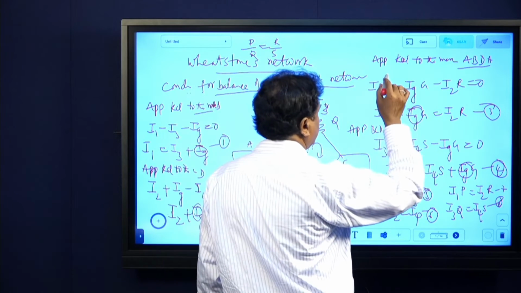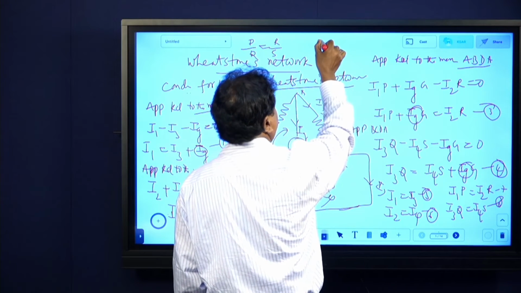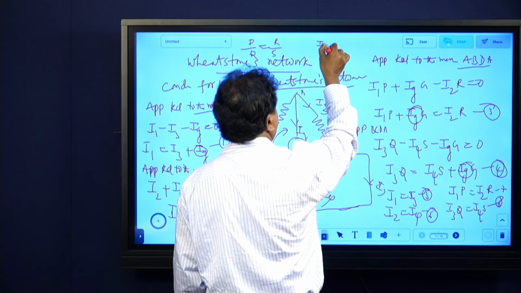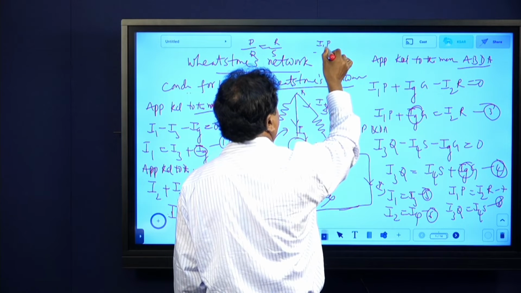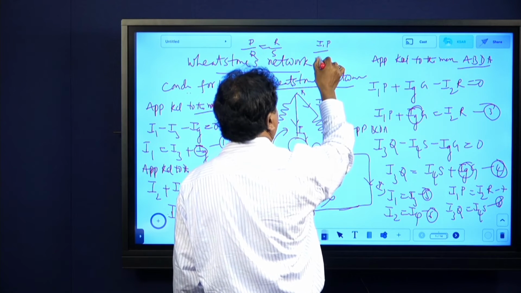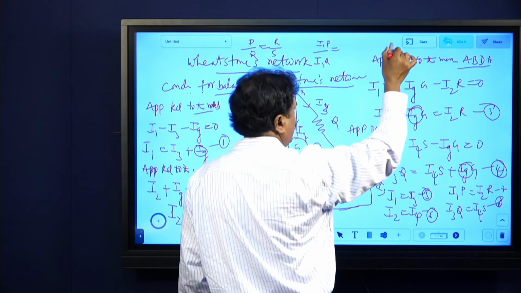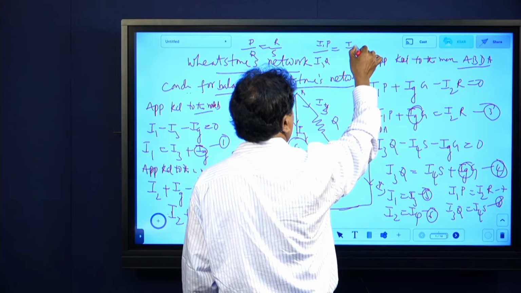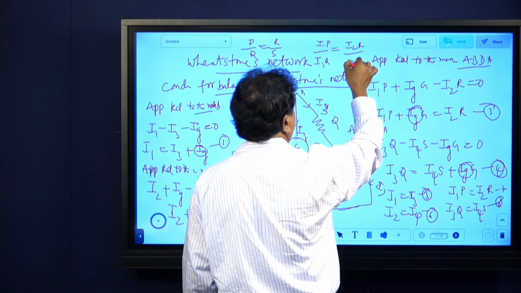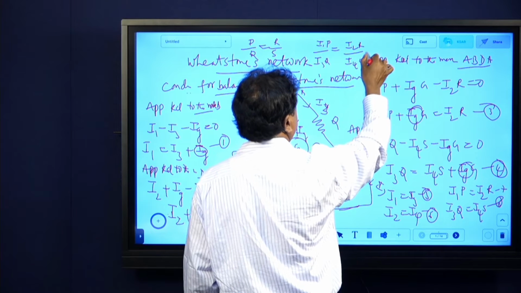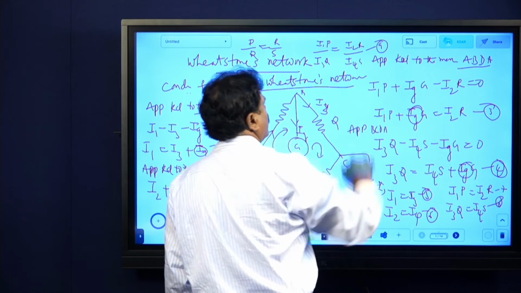What do you get? I1P divided by I3Q equals I2R divided by I4S. Call it as some 9 or something.